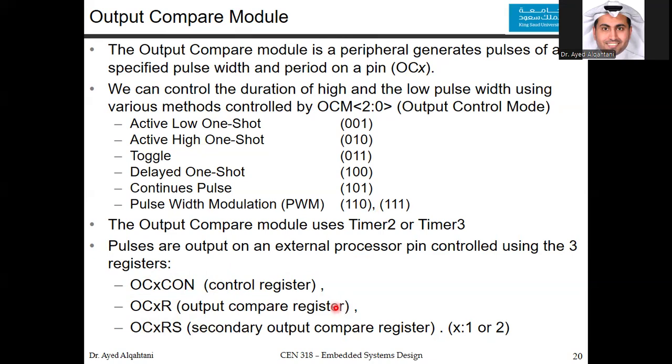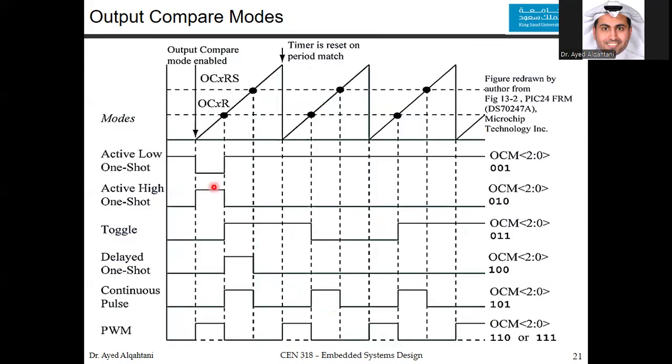Now let's see what we mean by these different signals, and then we will show you that pulse width modulation is actually a general waveform that could also include all of the previous ones. As you can see here, we defined a timer.